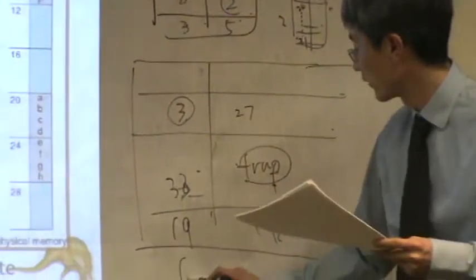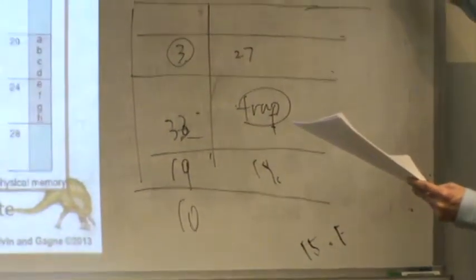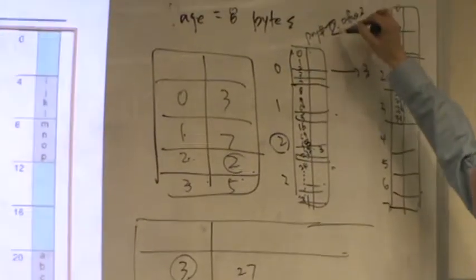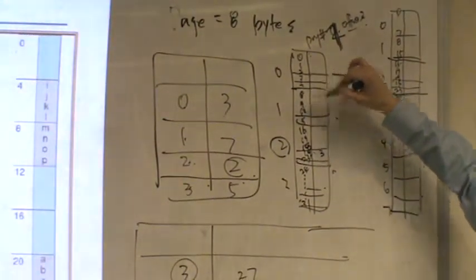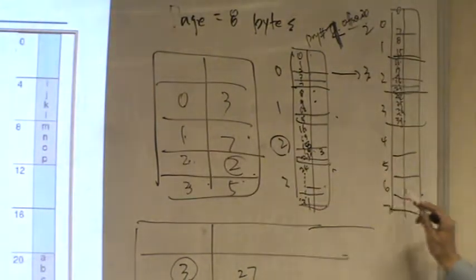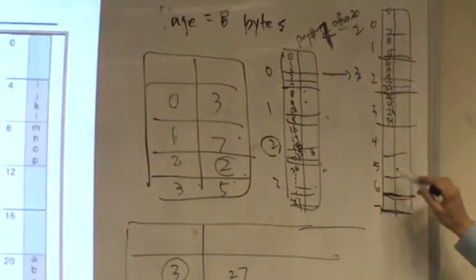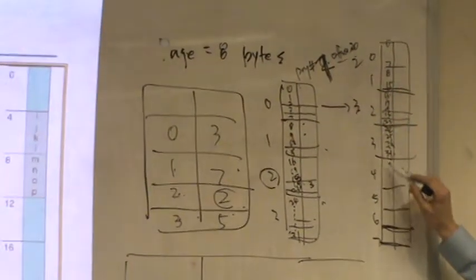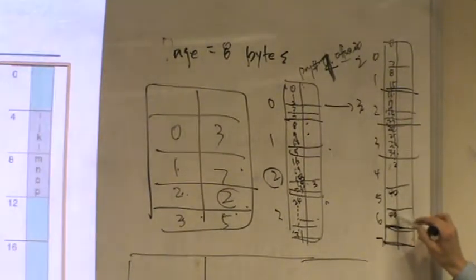The last one, 10. 10 is 8, 9, 10, so the offset is 2 and the page number is 1. Page 1 is mapped to 7, this one, and this one is 31, 32, 40, 48.